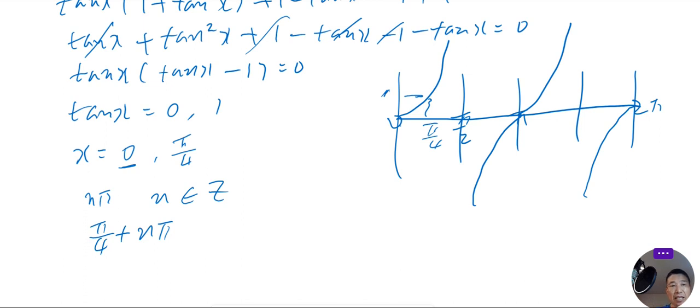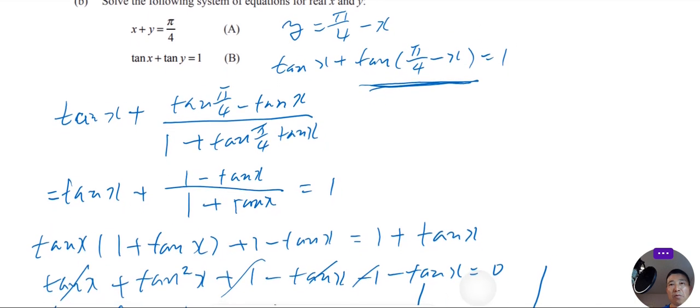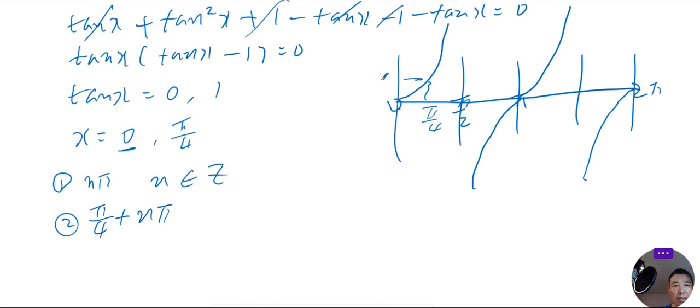So these are the x values, the first x value and the second x value. According to this, the y values are different, because y equals pi over 4 minus x. So when x is n pi, y must be pi over 4 minus n pi. That's the first set of general solutions.